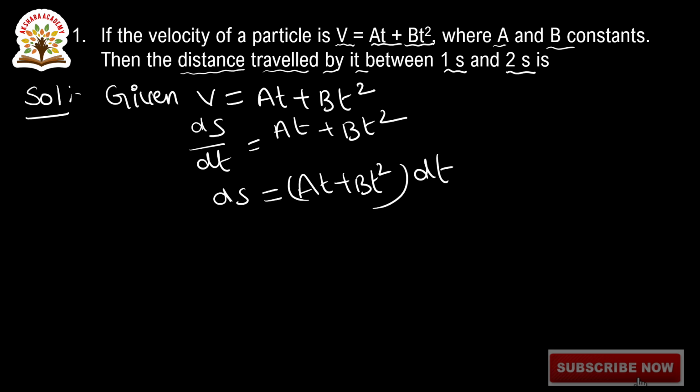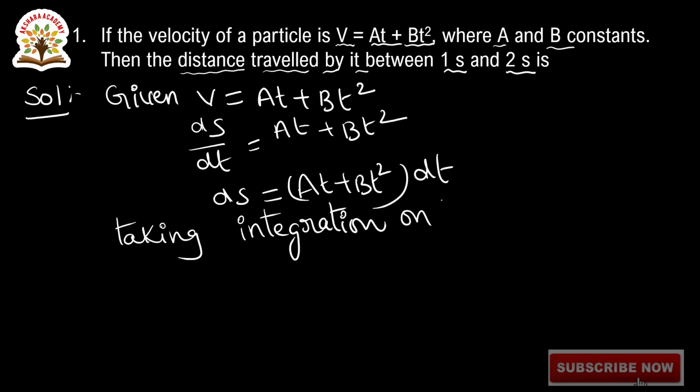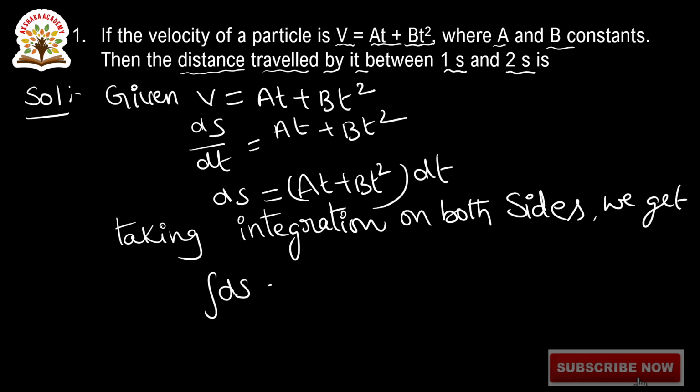Now taking integration on both sides, we get the integration of ds = the integration, with the limits 1 to 2, of (at + bt²) dt.